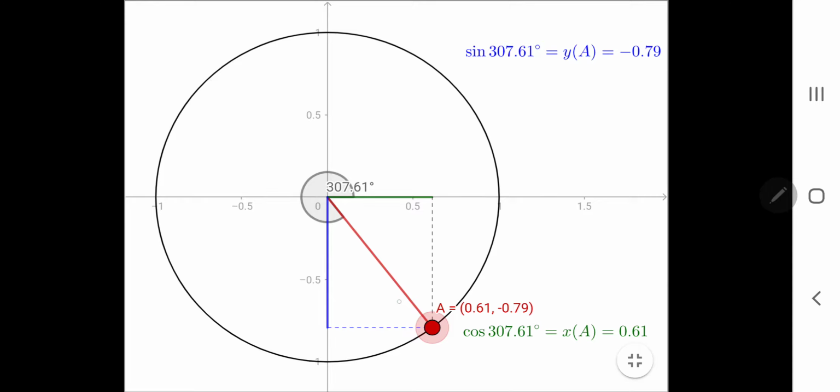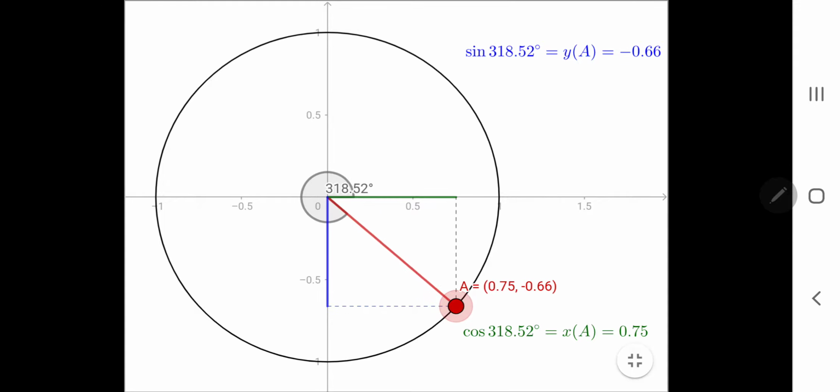Red is always 1 unit long. Now cosine is positive; the green line goes out to 0.6 or so. And the blue line is going down, the y value is negative, so sine is negative in this quadrant, for thetas greater than 270 and less than 360.